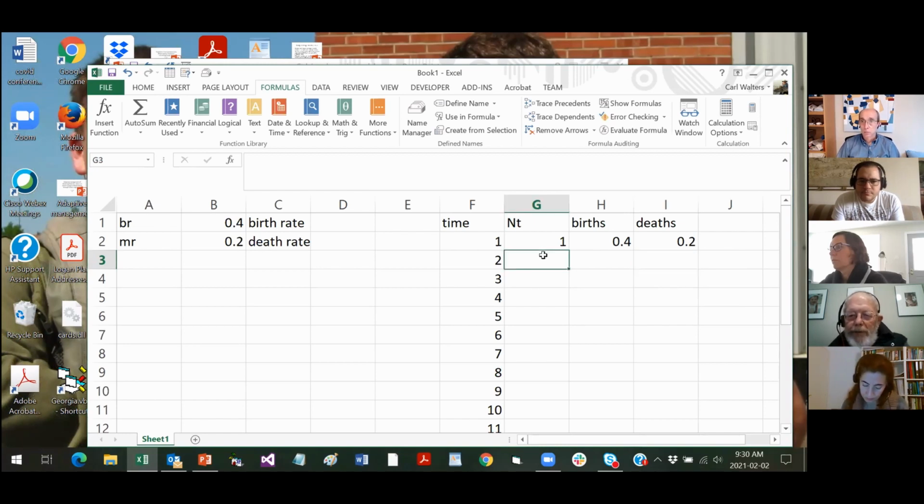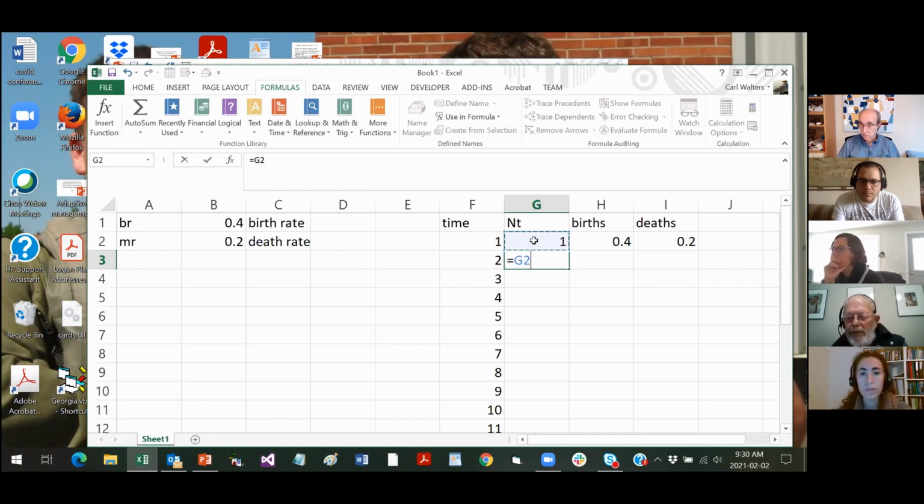Now what I do is to predict the next time's population size by applying the tautology, which is that the next time's population size will equal the population size the year before. That's the cell above.